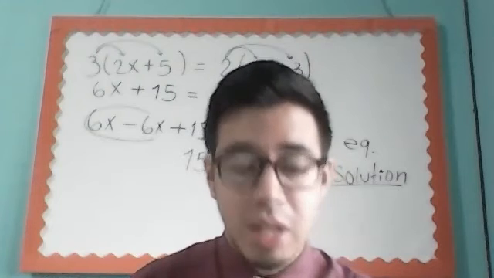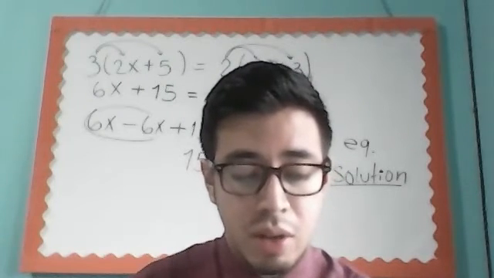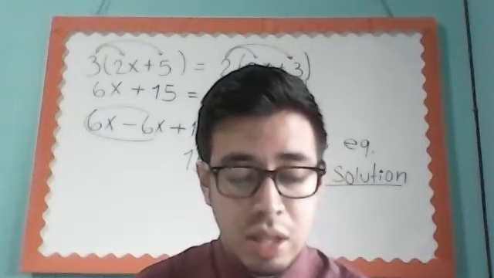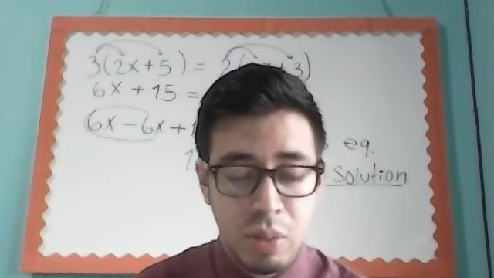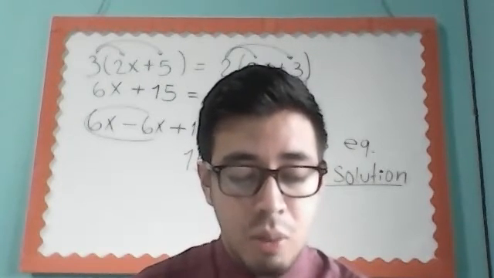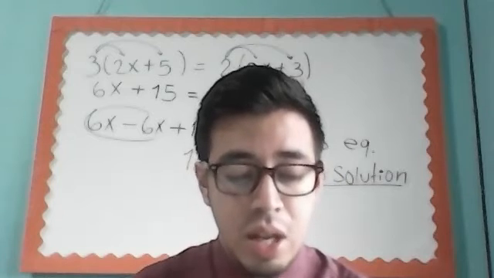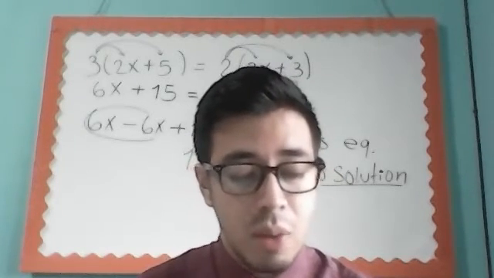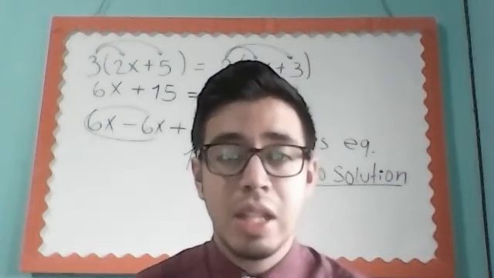In exercise B, you can apply the distributive property on the left side of the equation mentally. It is easy to see that the equivalent equation is 3x plus 12 equal 3x plus 12. It's true for all the values of x. So the equation has infinitely many solutions.